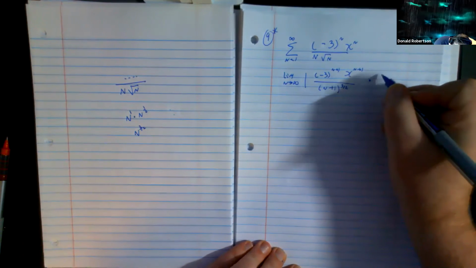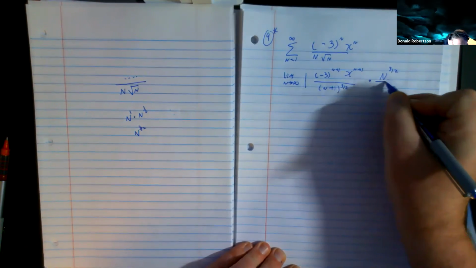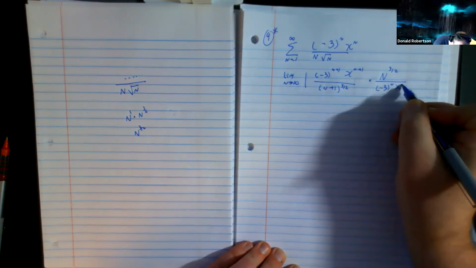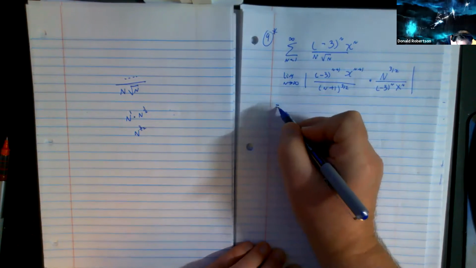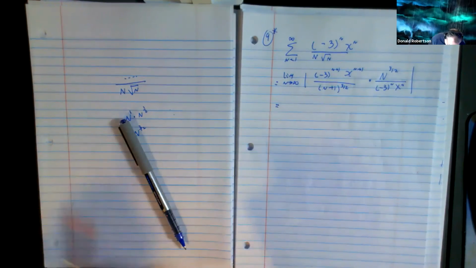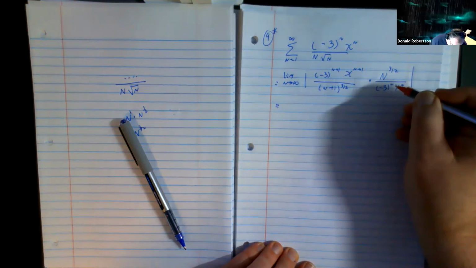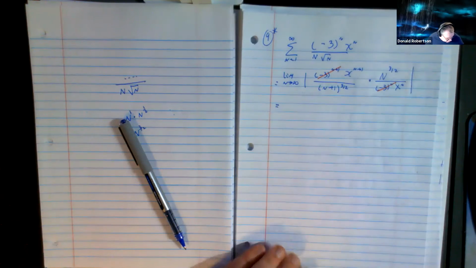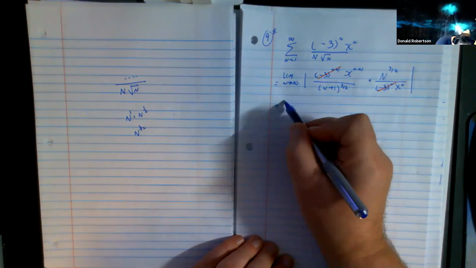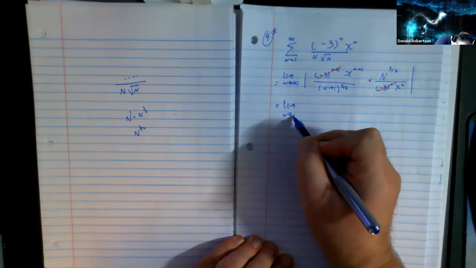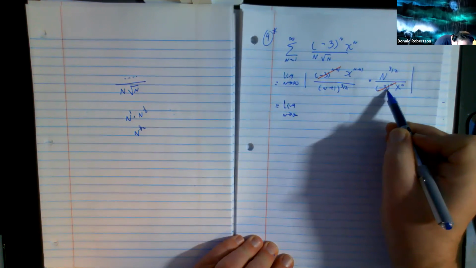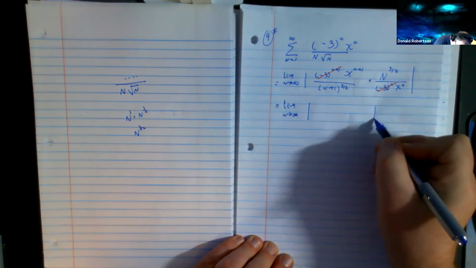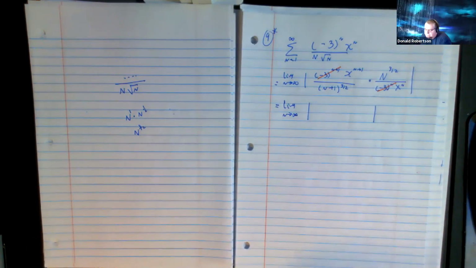Now, if you turn it upside down, you get 3 halves. And then you get -3 to the n, and then you get x to the n. And let's see what we get. If you cancel this guy and that guy, what do you get left over? If you cancel the -3 to the n on the bottom with -3 to the n plus 1 on the top, what do you get left over? -3.